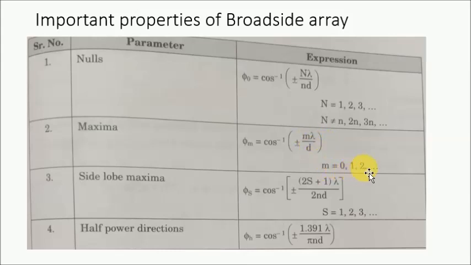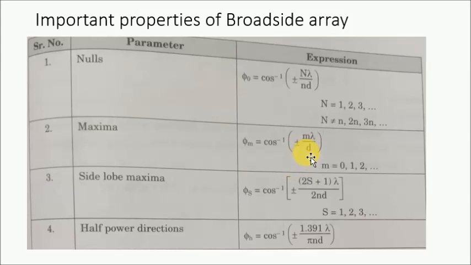The separation between the elements can be any value. Remember that the separation can have any value. So many things we can observe here. To avoid the grating lobes, the largest spacing between the elements should be less than one wavelength. You remember that this d max should be less than lambda, that is one wavelength.